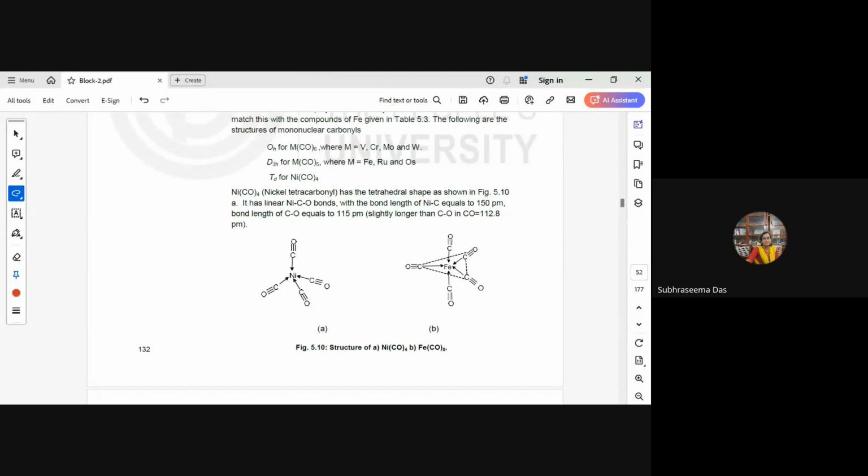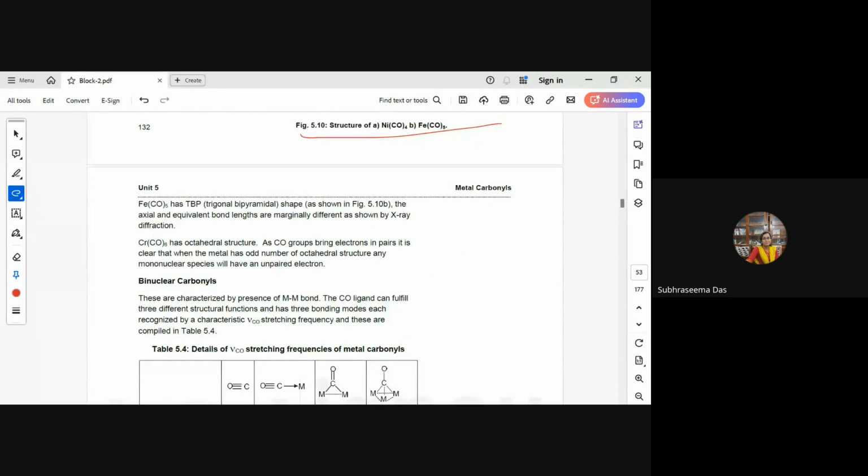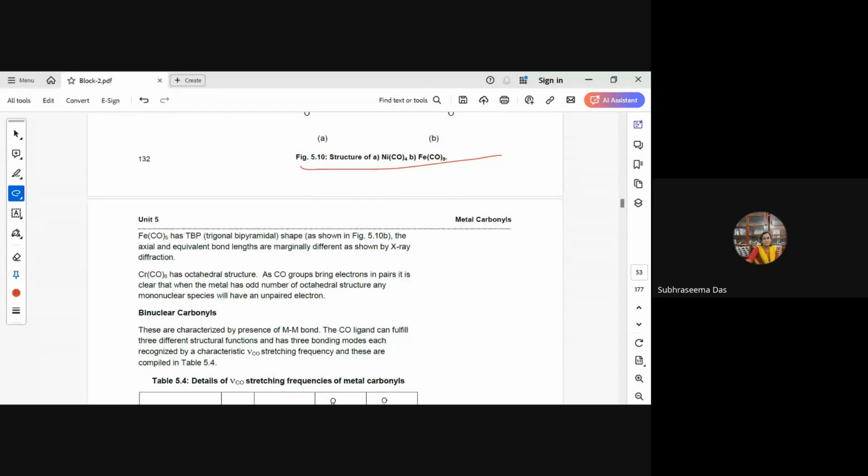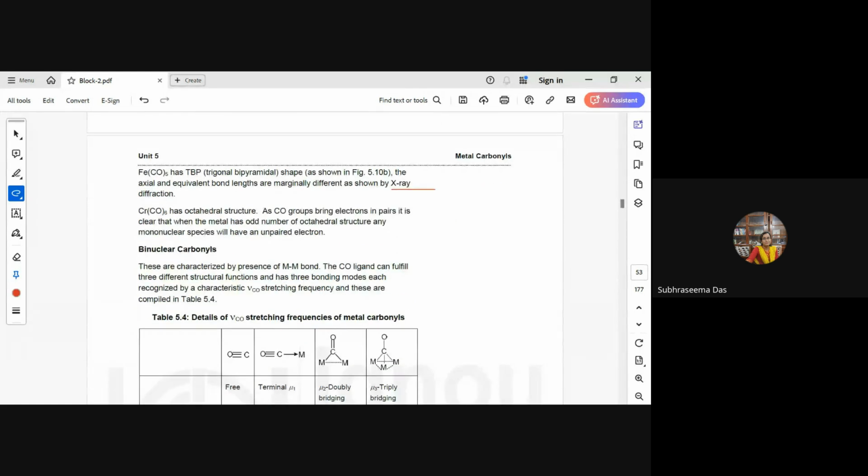Nickel tetracarbonyl has a tetrahedral shape as shown in figure 5.10. It has linear Ni-C-O bonds and the bond length is represented here. If we talk about Fe(CO)5, pentacarbonyl iron, it has a TBP structure, shown in figure 5.10b, and this structure has been confirmed by X-ray diffraction.